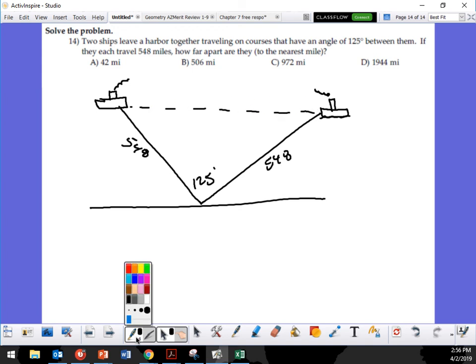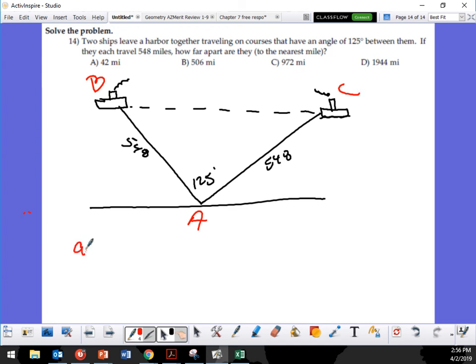Okay, so I'm going to label it A, B, C because I like that. So which one am I looking for here? Little a. So I'm going to use what law? Law of cosine to find little a.